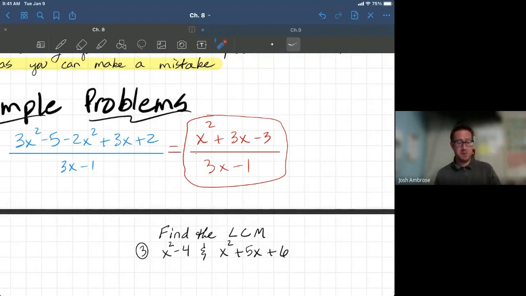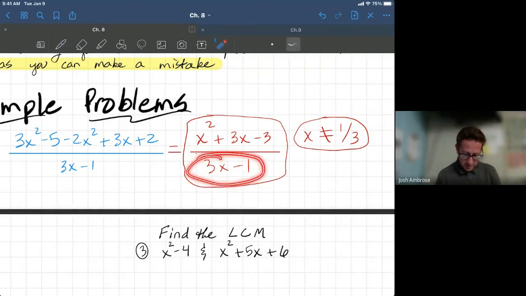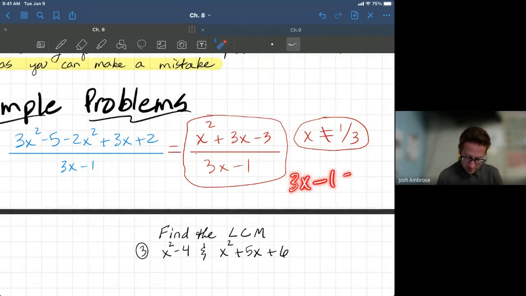Okay, because if x were to equal that, which if we just jump ahead and take a look, x cannot equal 1/3. That would be me taking 3x minus 1 and setting it equal to 0, and then solving that.